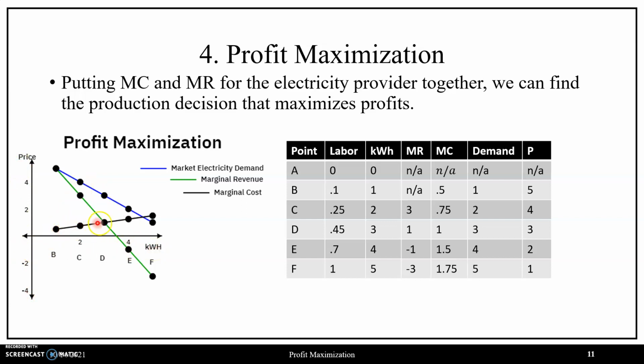We have our upward sloping marginal cost curve in black, our downward sloping market demand curve for electricity in blue, and then we have our downward sloping marginal revenue curve in green that is below our market demand curve. In terms of profit maximization, we know that this occurs when marginal cost is equal to marginal revenue, but let us work through our cases for when marginal revenue is also greater than marginal cost and less than marginal cost.